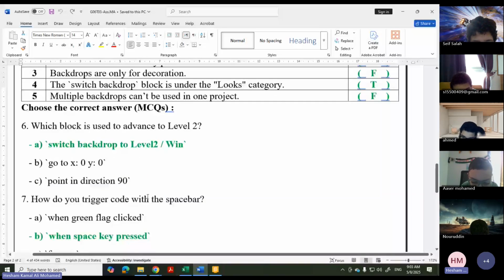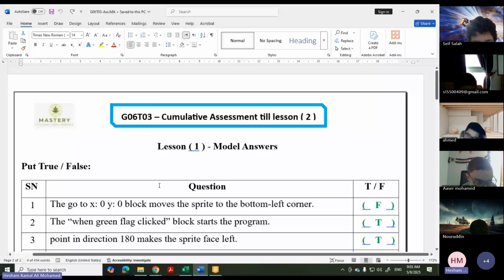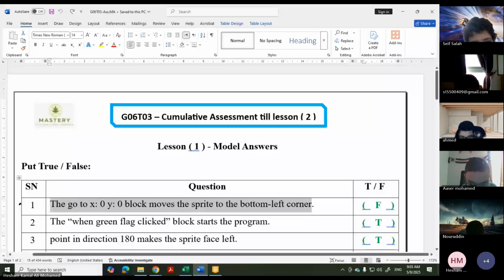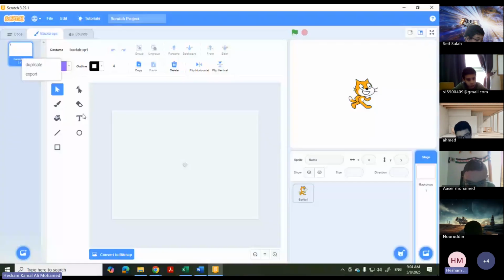Okay. Let's do the first one. Yasin, can you read the first question here in true or false? The go to x 0 y 0 block moves the sprite to the bottom left corner. False. Yeah, the answer is false. This is the sprite itself.